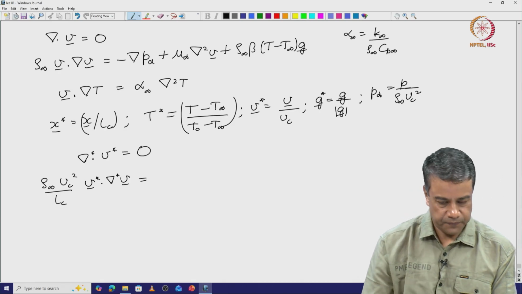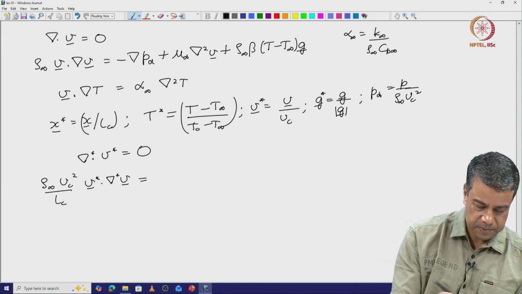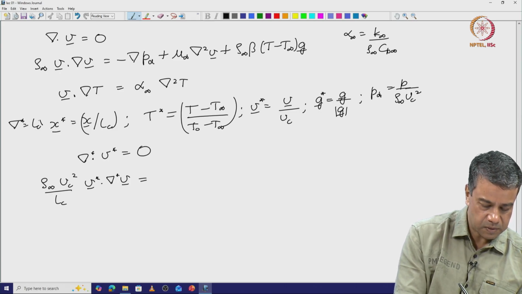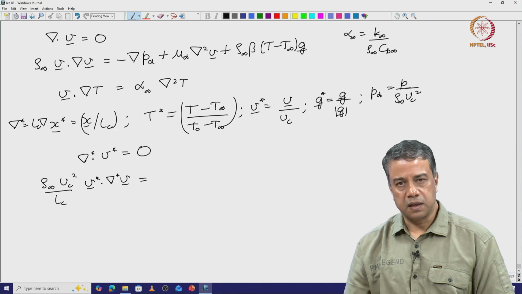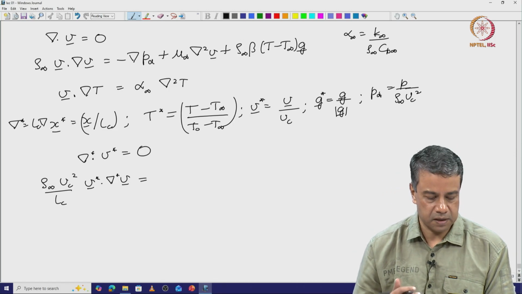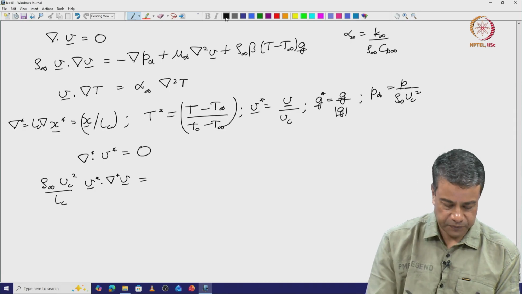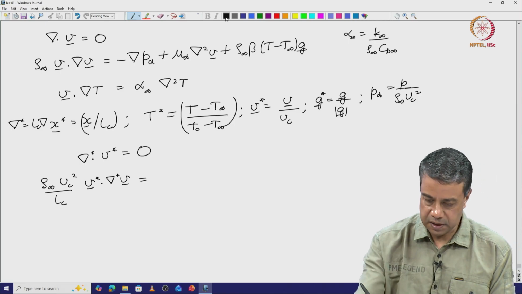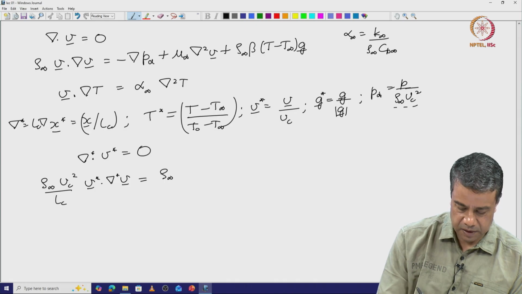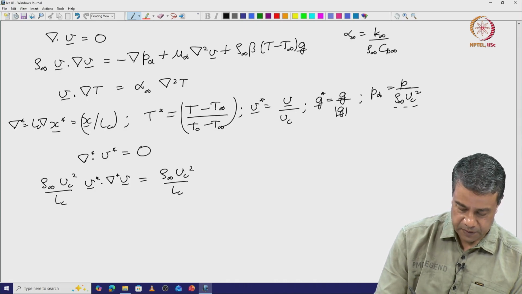Is equal to the pressure. Here I have substituted that del star is equal to Lc into the grad, because the grad has dimensions of 1 over length. So, if you multiply that by the characteristic length, you get the dimensionless gradient. Pressure scaled by rho infinity Vc square, so I will get rho infinity Vc square by Lc.